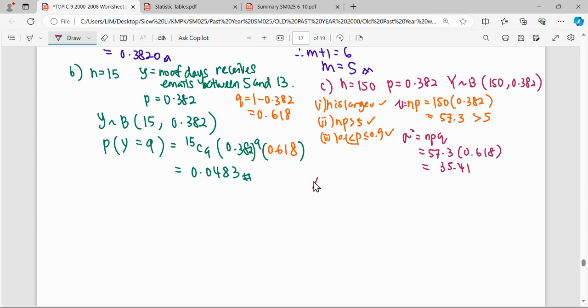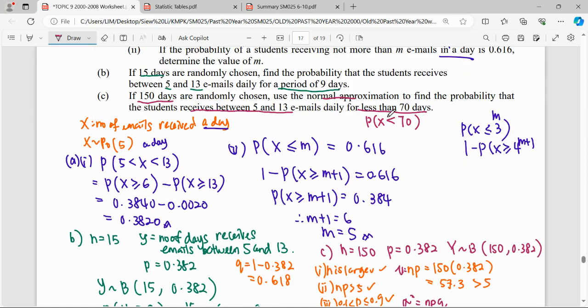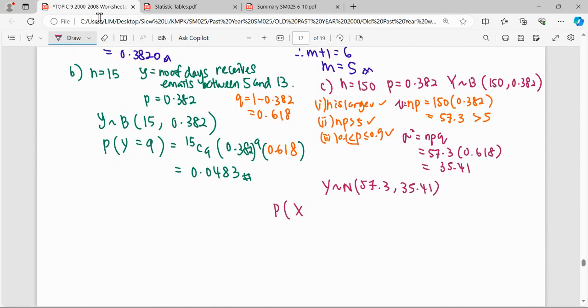So Y is distributed normal with mean 57.3 and variance 35.41. Then we find the probability Y, number of days, less than 70.